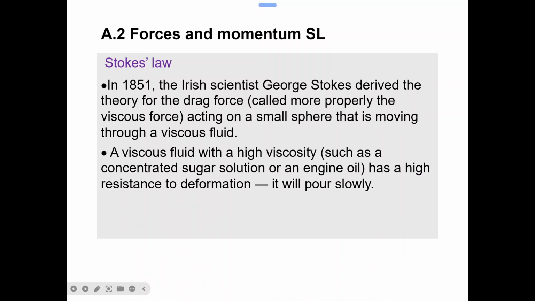Okay. So a viscous fluid with high viscosity, such as concentrated sugar solution or engine oil, has high resistance to deformation. It will pour slowly. So you pour water, you can pour water pretty quickly. But if you pour honey or oil, you can tell that it sticks together and you can't pour it that fast.